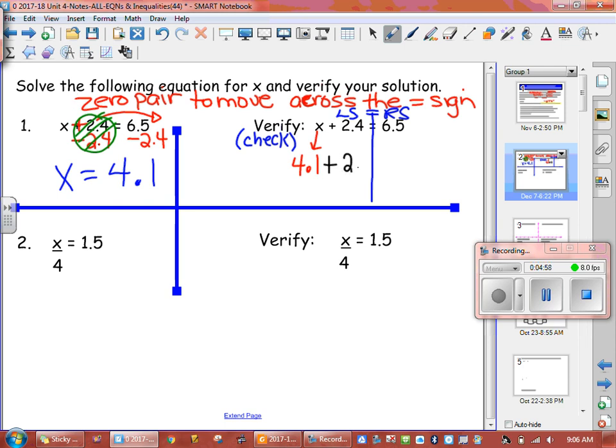I'm going to add them together, and I'm going to get 6.5. Now, my right-hand side says I'm at 6.5. Does my left side equal my right side? It sure does. So, because these are equal, we can now say that this is a true solution.